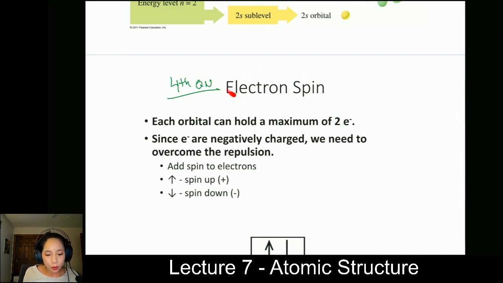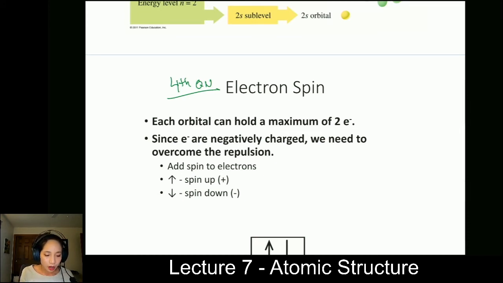So this 4th quantum number is spin. Since electrons are negatively charged, we need to overcome the negative repulsion of the electrons. How we overcome that repulsion is through spin. If one electron is spinning one way and the other electron is spinning the other way, we can reduce the amount of repulsion those electrons feel when they reside in the same orbital.